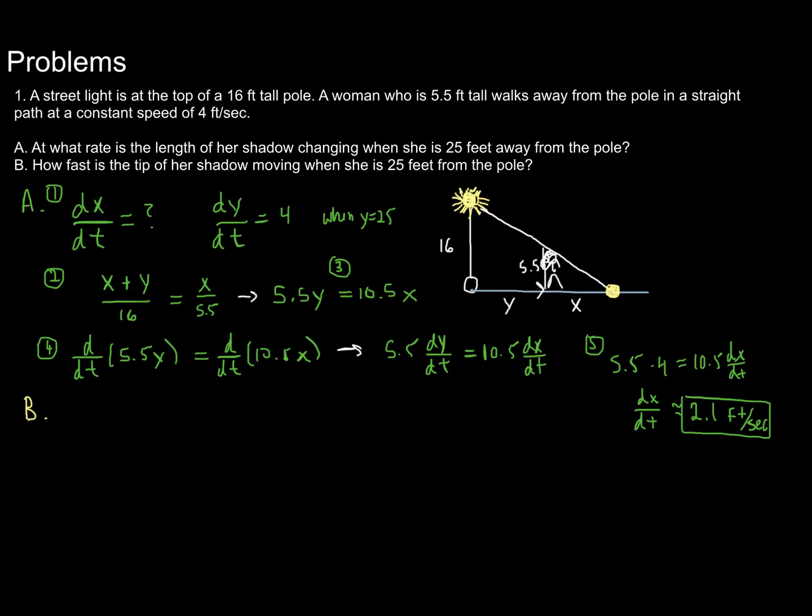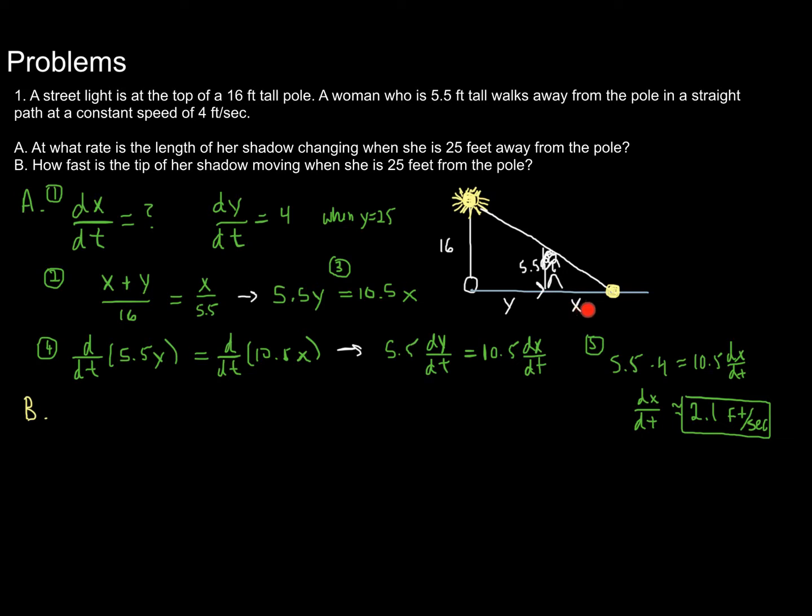So let's consider this tip of the shadow here, and think about the pieces in our diagram whose rate of change is going to affect the rate at which the tip of the shadow moves. At first, you might say to yourself, well, it's just going to be the rate at which the shadow itself is changing. But you'd be incorrect, and here's why.